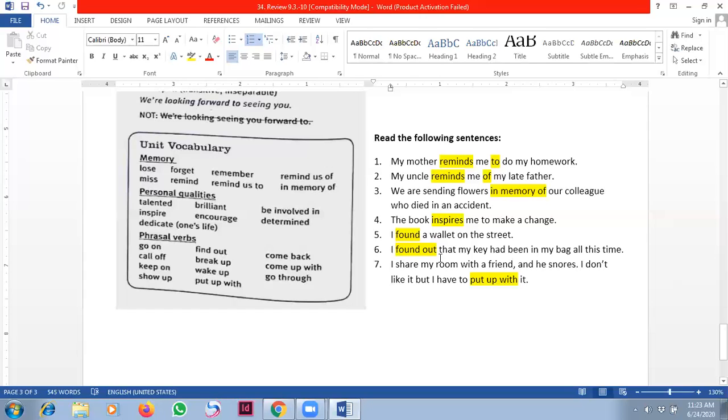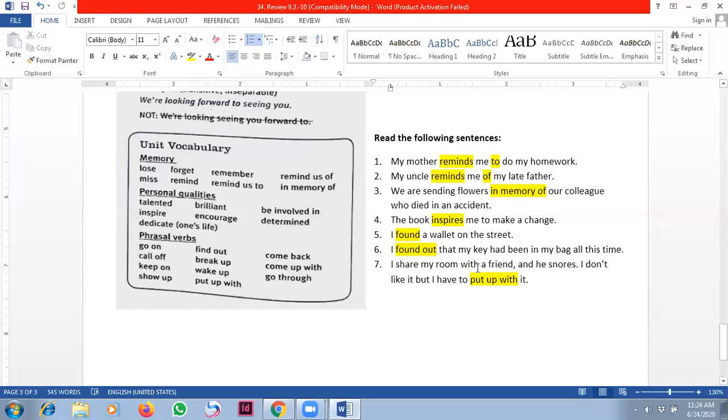I found out that my key had been in my bag all this time. So not I found my key, but I found out, I realized, I understood. Found out is I discovered. You know, they are different. Please make sure that your sentences do not confuse your reader. And your reader is me. If I am confused, I will not give you a score.